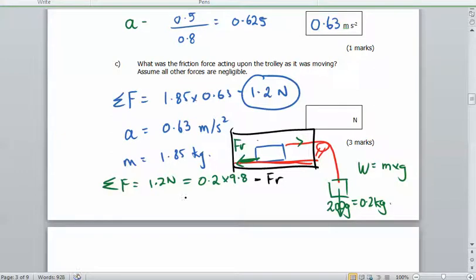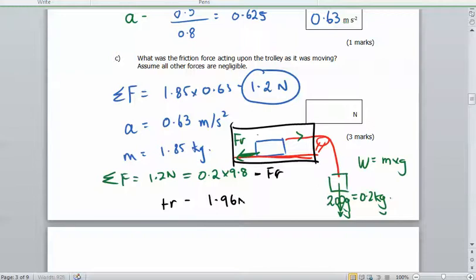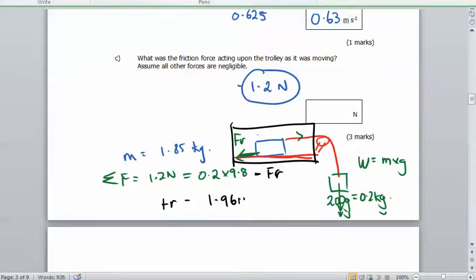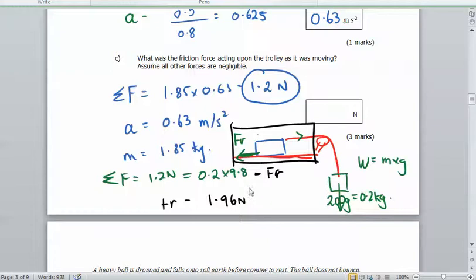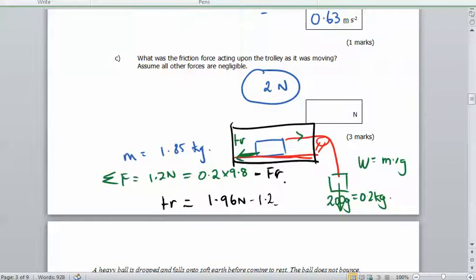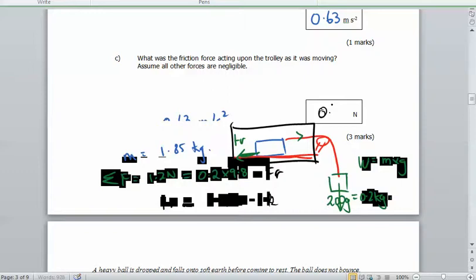So we've got that 1.96 newtons minus 1.2. So our friction force is 0.7, what's happening?